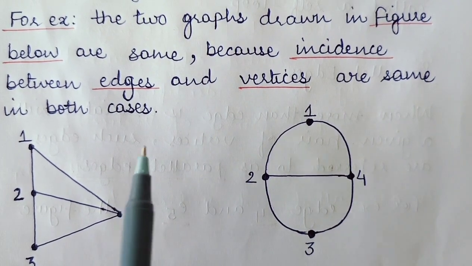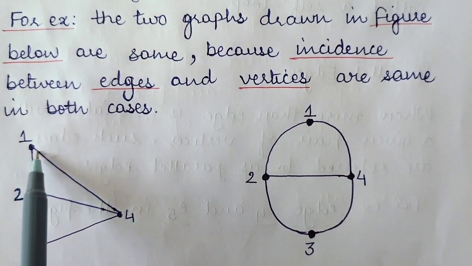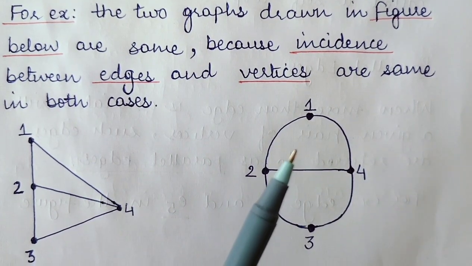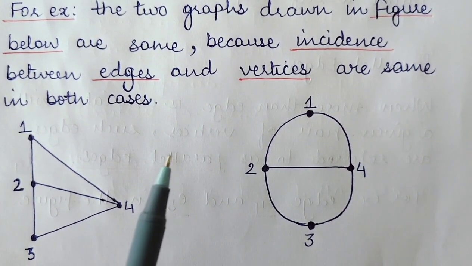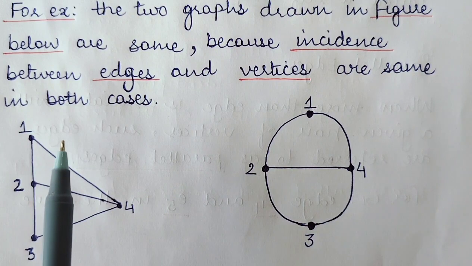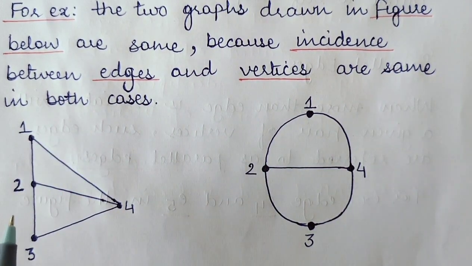What matters is the incidence between the edges and the vertices. If you go by the shape and size, you will find them to be two different graphs. But actually these are not two different graphs. They are the same graph drawn differently, because the incidence between the edges and vertices is the same.